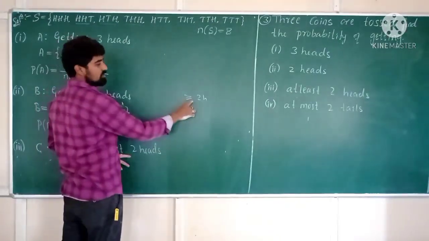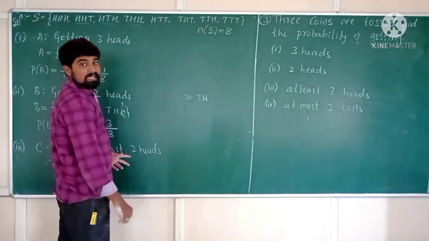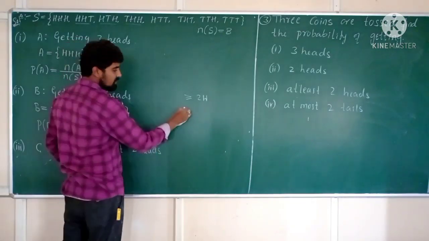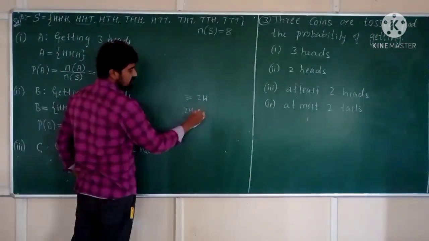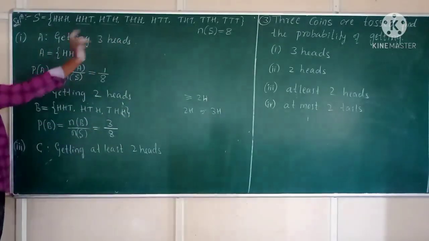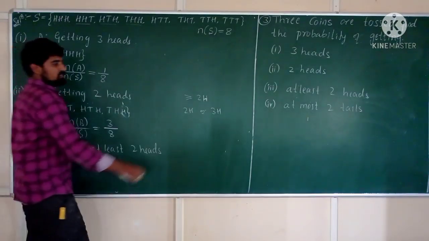So at least 2 heads means we need to write the outcomes which consist of 2 heads or 3 heads, because the coin is tossed thrice.